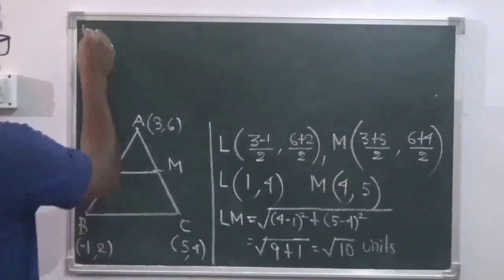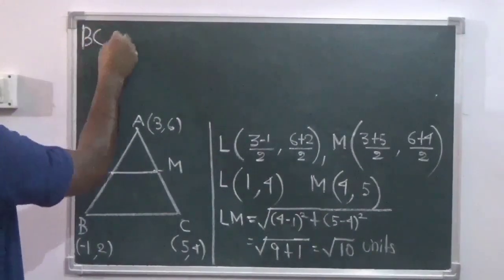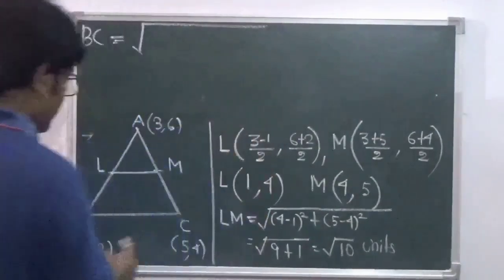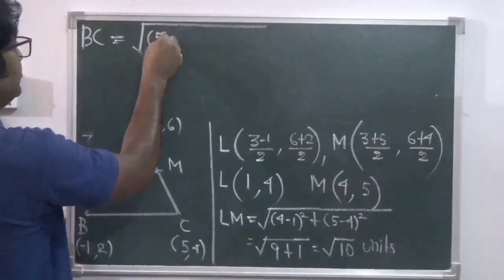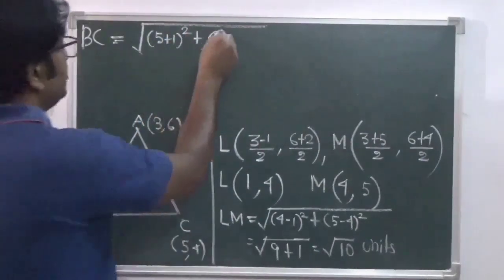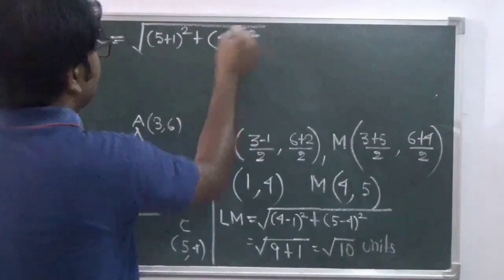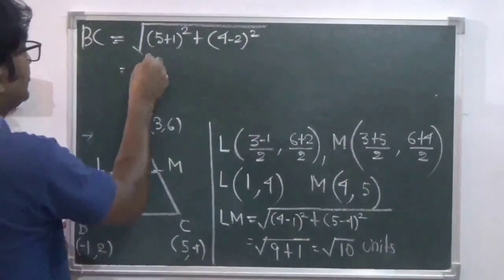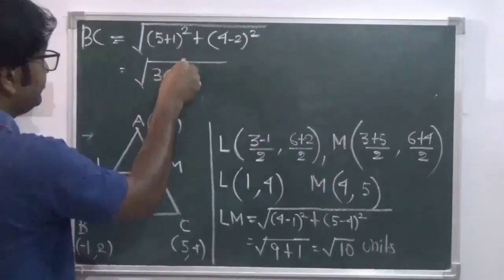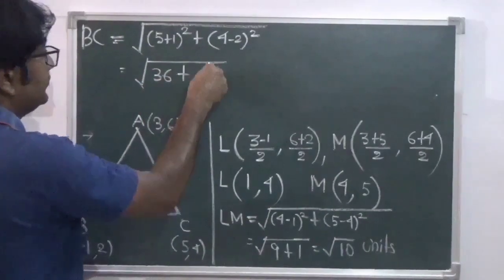Now let us find BC. 5 plus 1 square plus 4 minus 2 square. So that is root over 6 square, that is 36, plus 2 square, that is 4.